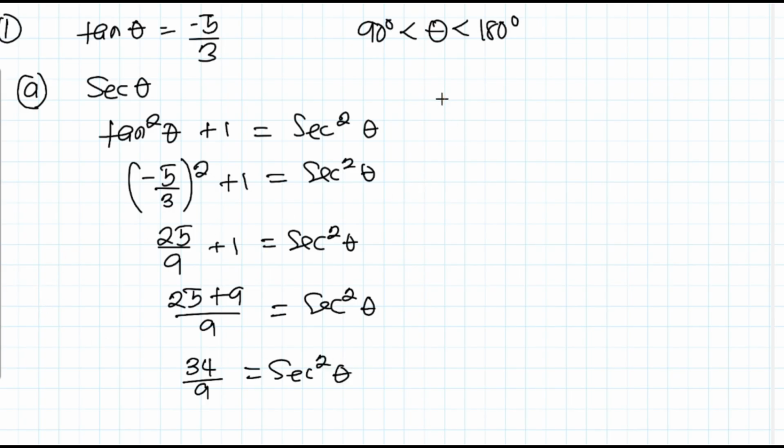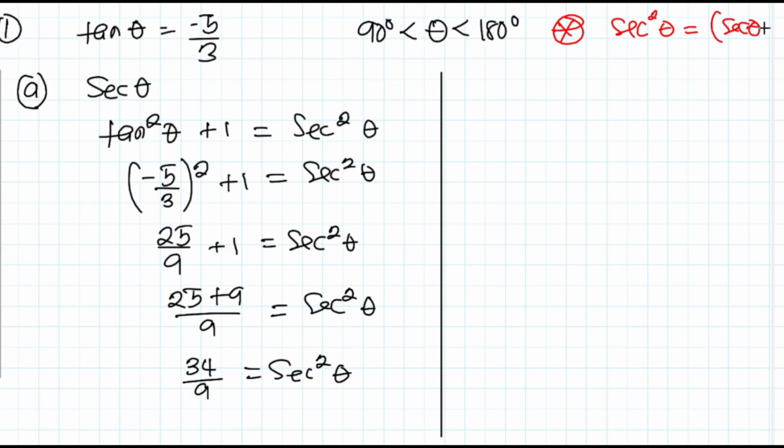Now if we take the square root of both sides, of course we are going to learn soon that sec square theta is the same thing as sec theta all squared.